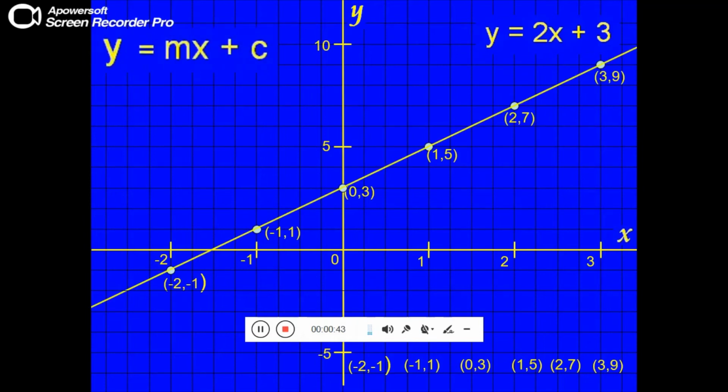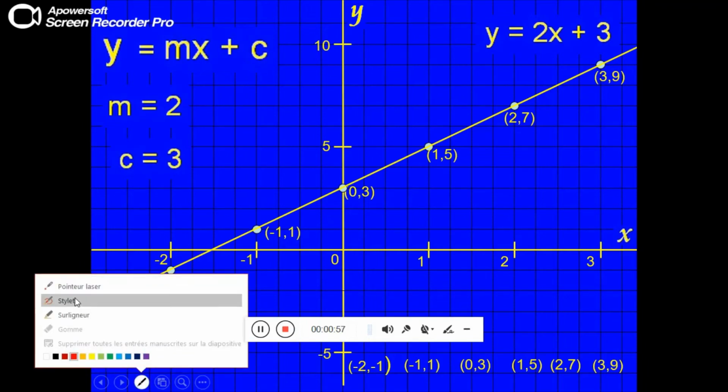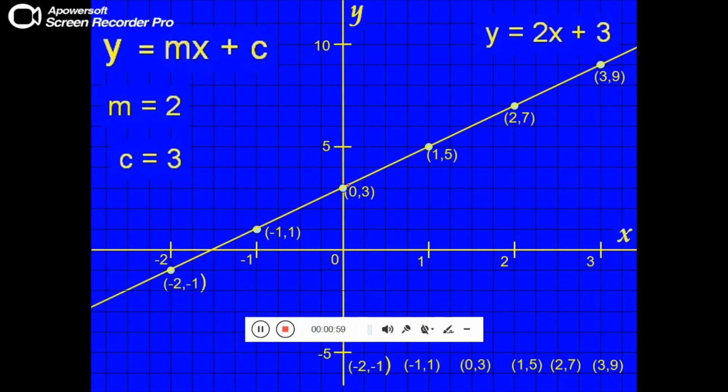So the equation in general is y equals mx plus c, where m is equal to 2 and c equals 3. Why? Because this, my kids, is the y-intercept. That's why you see here it is 3.